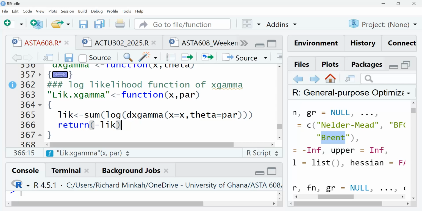So we have our function, and this is the point when we say maximum likelihood. We want this point. The value of theta, this is our likelihood function, and this is theta. So theta cap is the value that will give us the highest likelihood. That's what we want. But the routine in R is only programmed to find the minimum point.